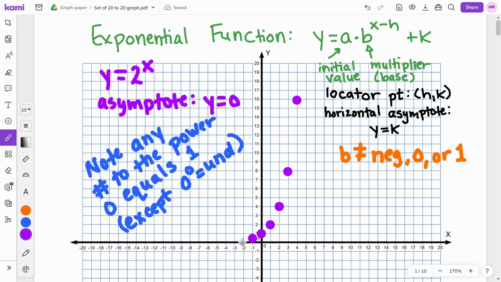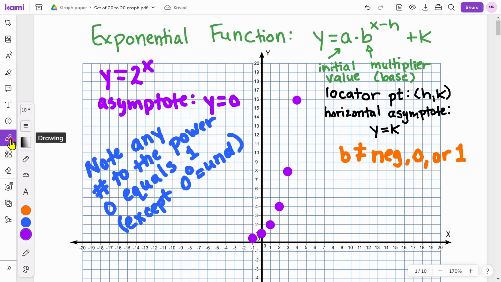When I go out 2, 2 squared would have been 4, so 2 to the negative 2 is going to be 1/4. Okay, right now I have my dots a little too big to represent that. 2 to the negative 3, well, since 2 to the third is 8, 2 to the negative 3 is the reciprocal of 8, which is 1/8.